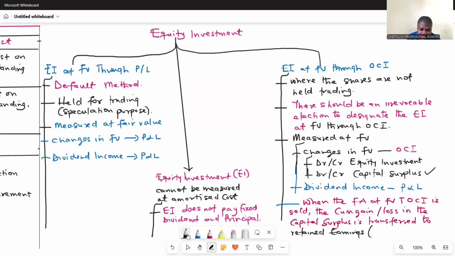So we call this reclassification. It's only when the asset is sold that the fair value gain or loss becomes what?